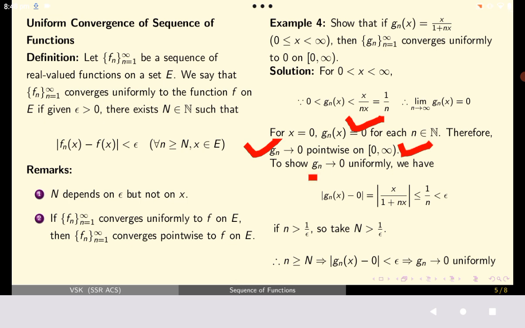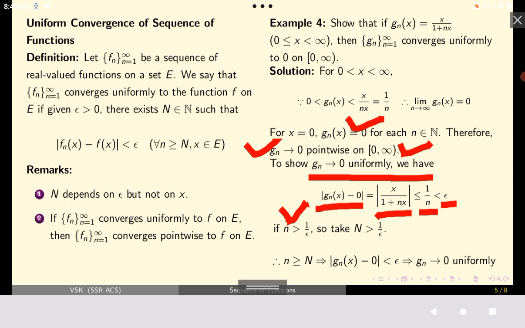First of all, we have proved that it converges to 0 pointwise. Now we'll show g_n converges to 0 uniformly. For that, let epsilon greater than 0 be given. We calculate this modulus g_n(x) minus 0, which is given by this, which is clearly less than or equal to 1 by n. Now this will be less than epsilon if n is greater than or equal to 1 by epsilon. So if we take N which is greater than 1 by epsilon, then if n is greater than N, then |g_n(x) minus 0| is less than epsilon.